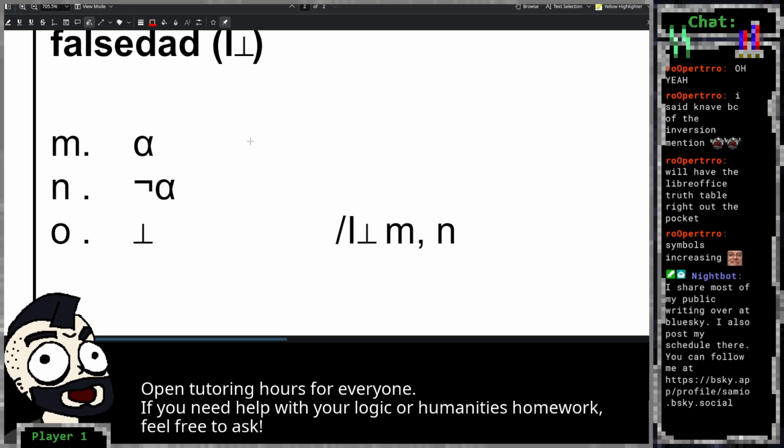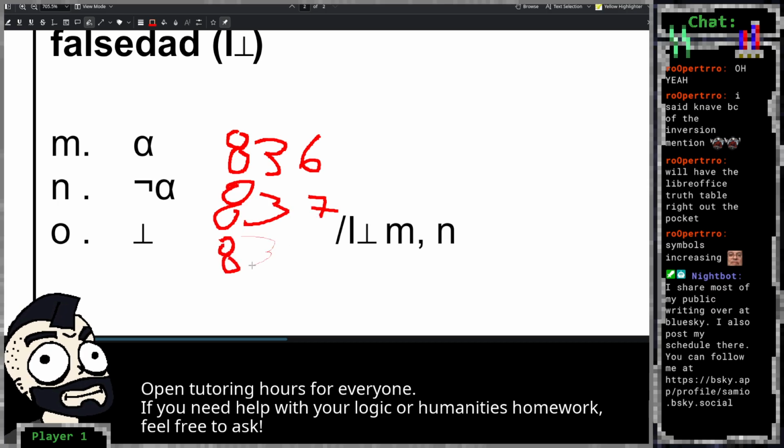So this M can be 2, which will mean that this will be 3 and this will be 4. Or, theoretically, if necessary, this will be step 836, 837, 838.